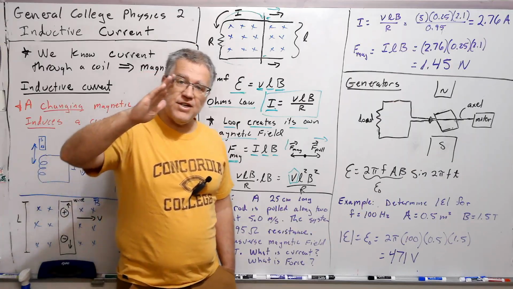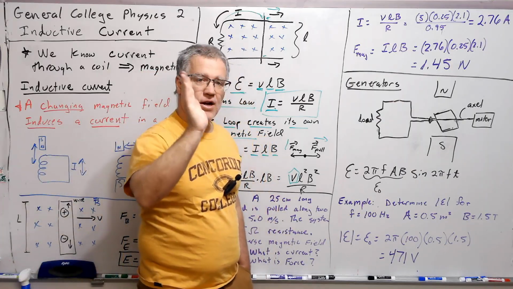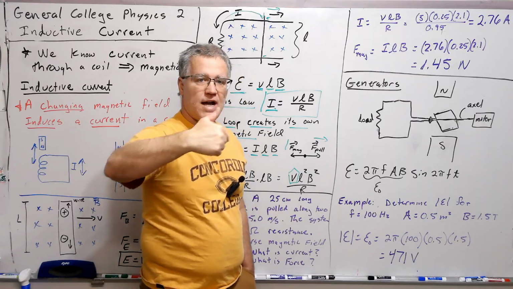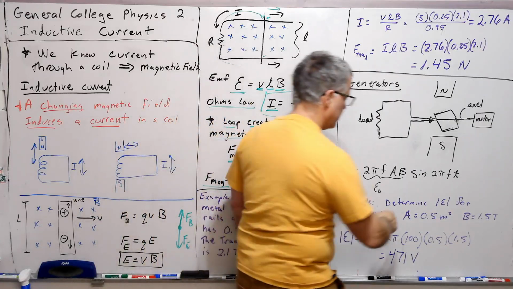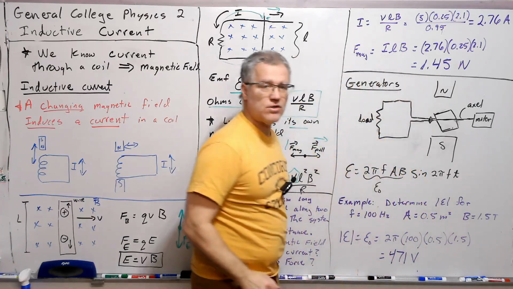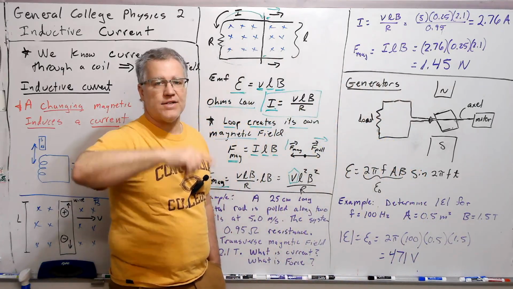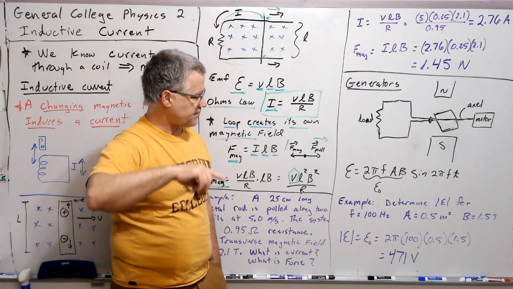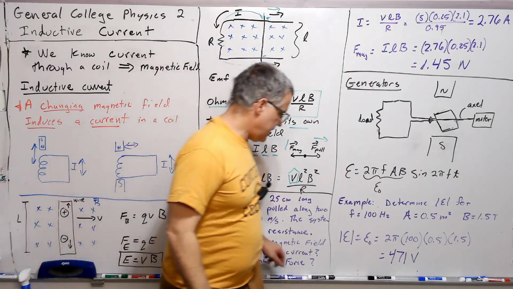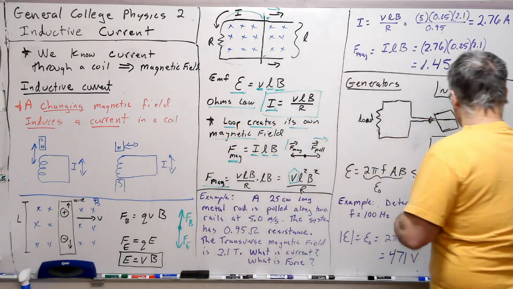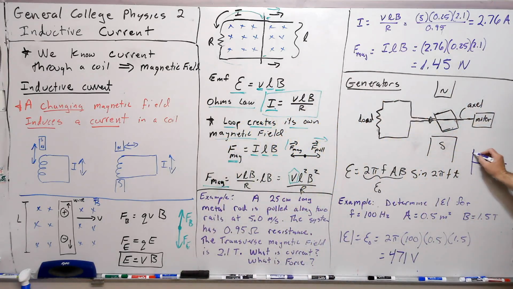Now, that's going to depend on where that loop is over time. So there's going to be a sinusoidal component to that as it spins around. And so we're actually going to get an AC current here. So if we were to plot the voltage, we'd get an AC voltage.